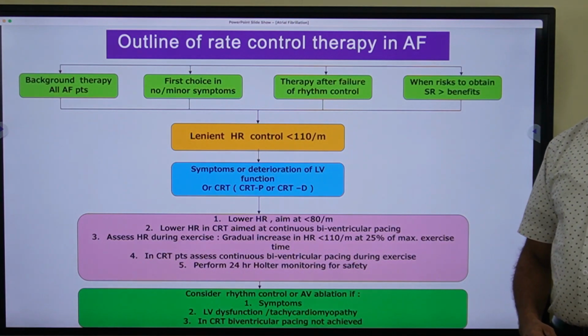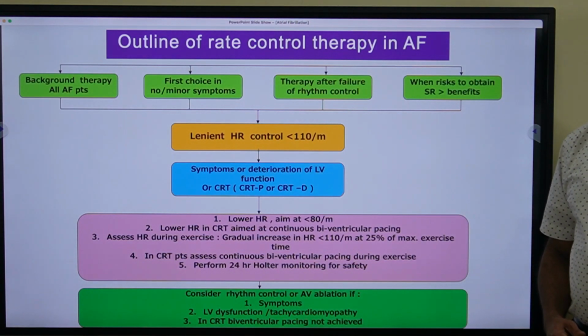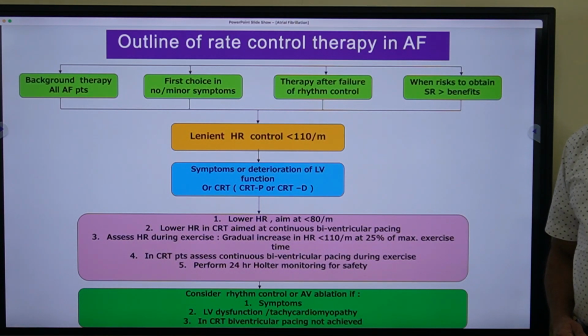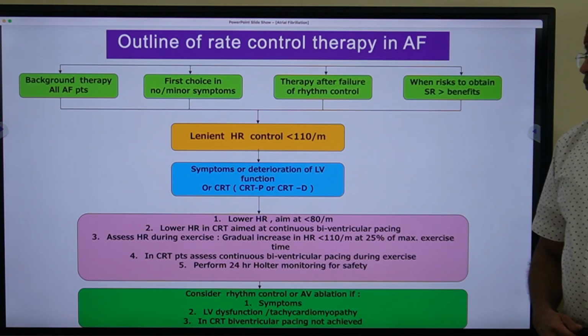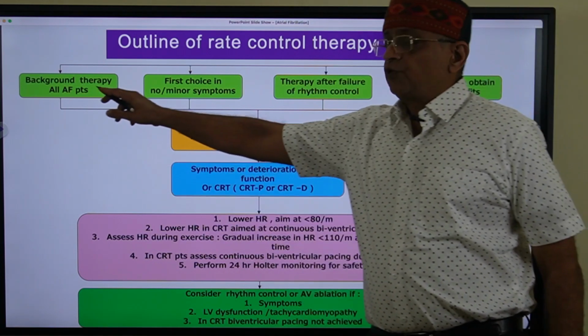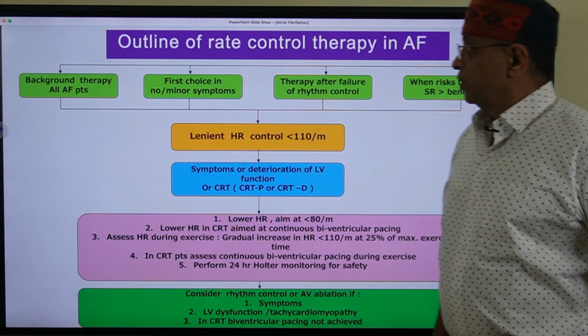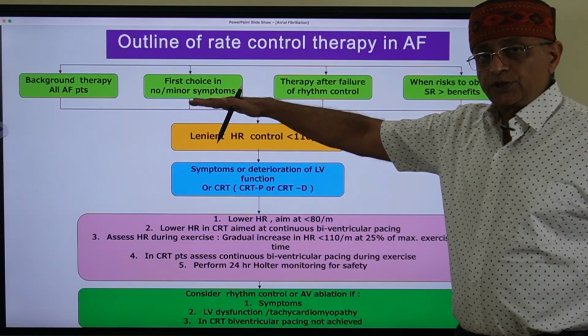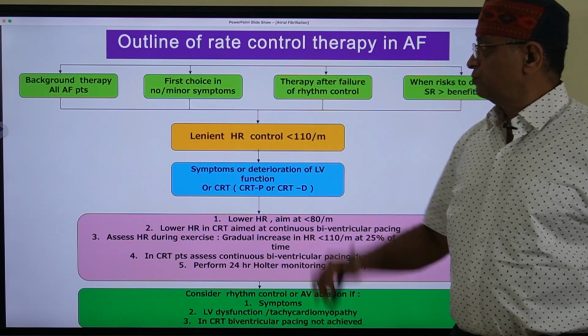Now, after discussing a lot of rhythm control, let's discuss the rate control therapy. Many of the patients with AF ultimately land on the rate control strategy. So this is the background therapy for all AF patients. This is the first choice in those patients with no symptoms or minor symptoms.